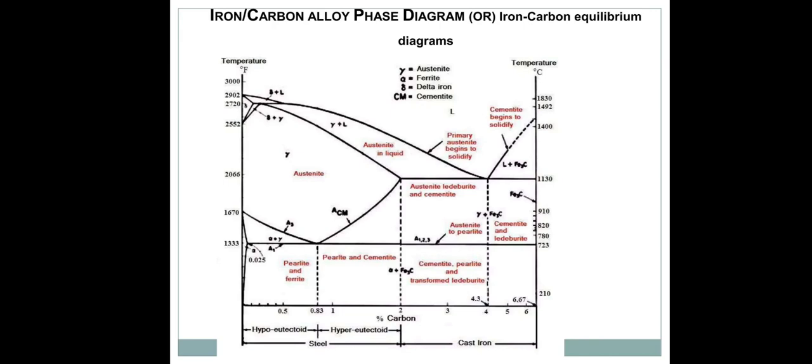It is called upper bainite. Bainite obtained by lower temperature transformation has a needle-like or acicular structure and is called lower bainite. Lower bainite provides high mechanical properties, and that is why it is extensively used for components of machines and structures.